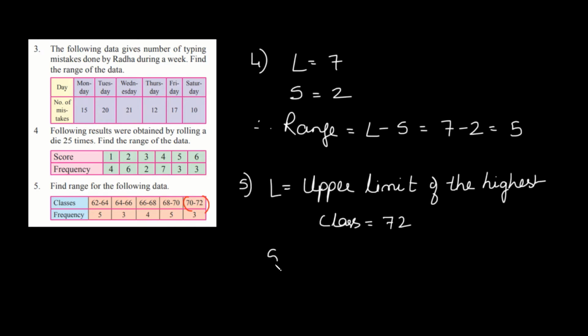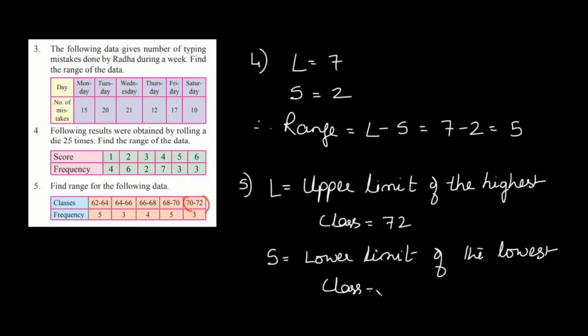Similarly, S becomes the lower limit of the lowest class. In this case, the lowest class is the first one which is given over here, and the lower limit of that is 62.